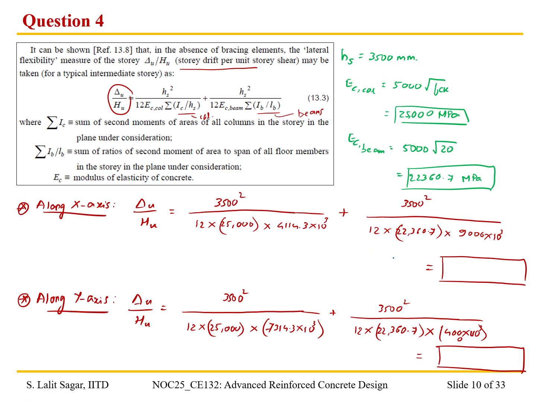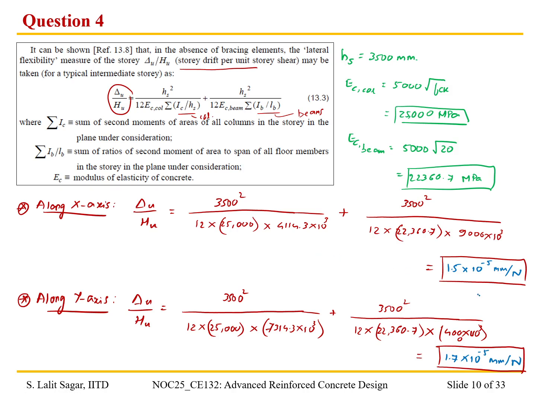Along the x-axis it is 1.5 into 10 to the power minus 5 millimeter per Newton, and along the y-axis it is 1.7 into 10 to the power minus 5 millimeter per Newton.